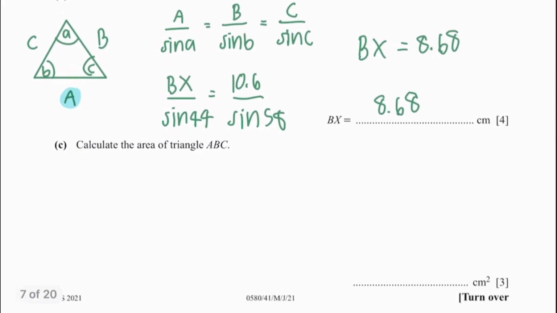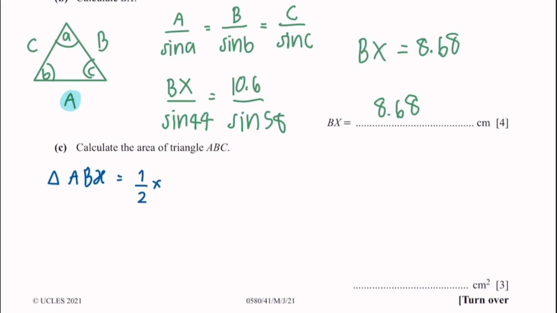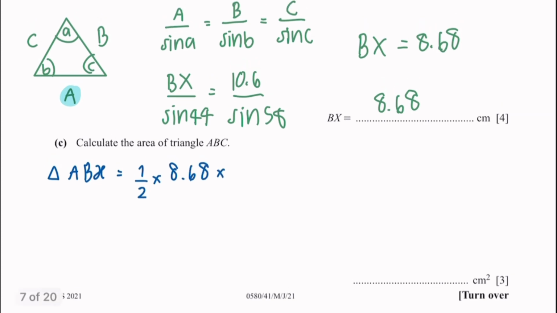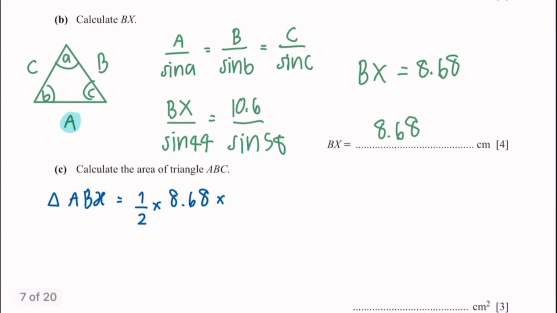The area of triangle ABX is 1/2 multiplied by the base length, which is BX, 8.68, multiplied by the height, which is AD.